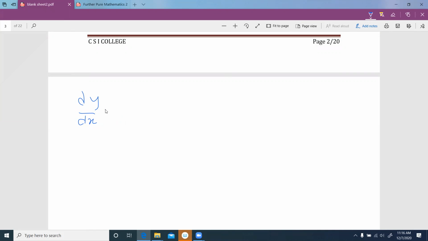So according to this equation, the given fact is dy by dx plus xy equals xy squared. Then they have given a substitution, z equals y to the power minus 1. Then we need the final answer as a differential equation in z and x.